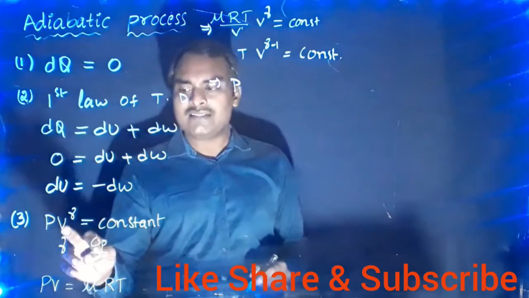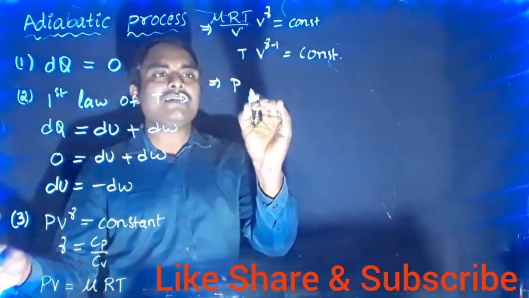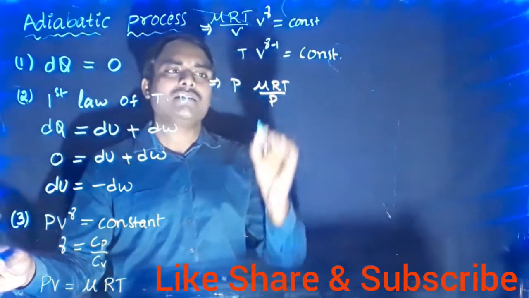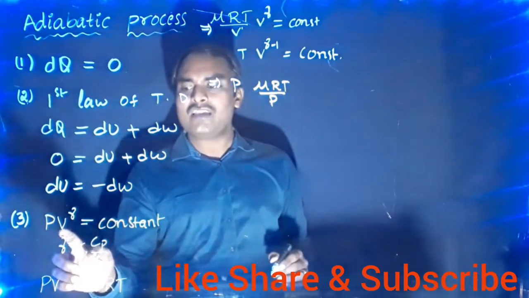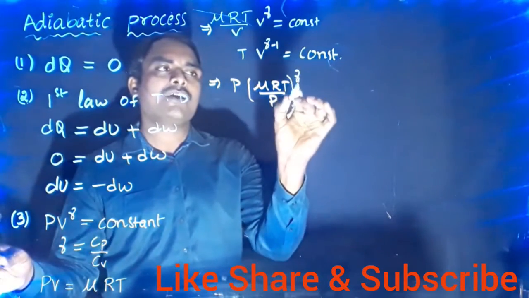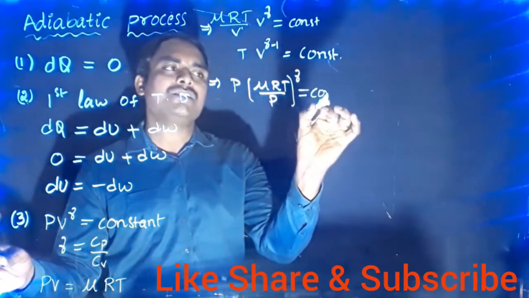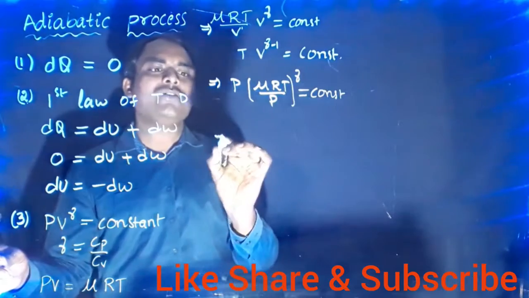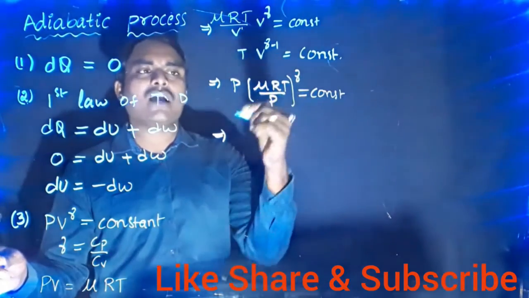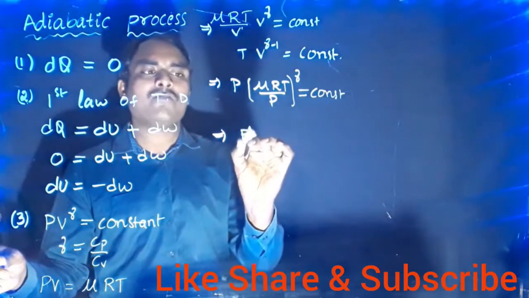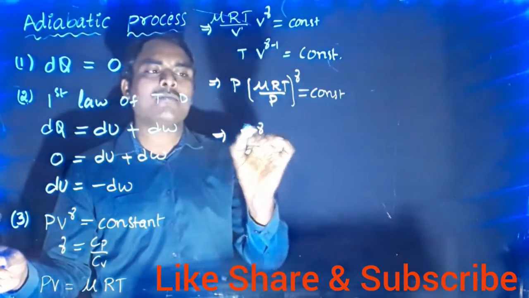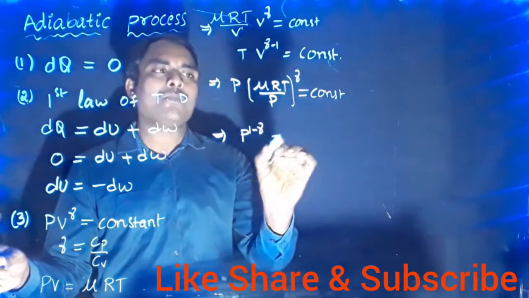P as it is, in the place of V, we need to write mu RT divided by P. This is written in the place of V. Our gamma will be there here also, whole power gamma, equal to constant. Then you will get P power gamma, and the power of P becomes 1 minus gamma, into T power gamma.